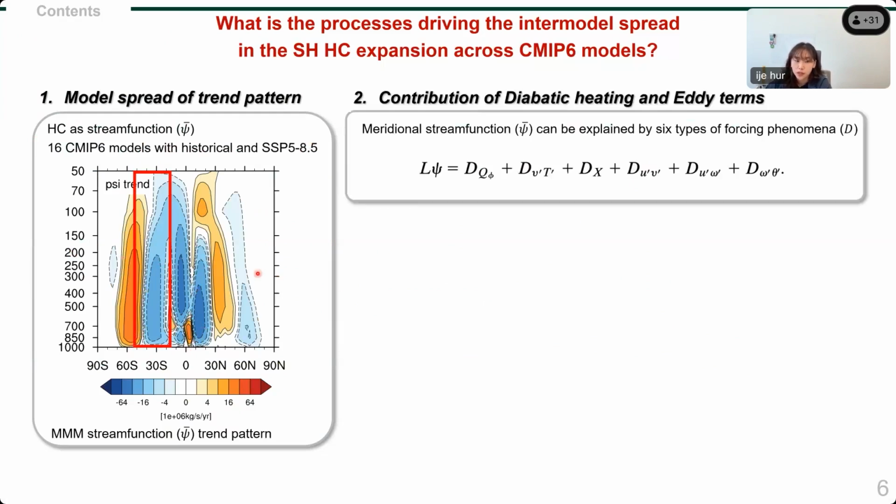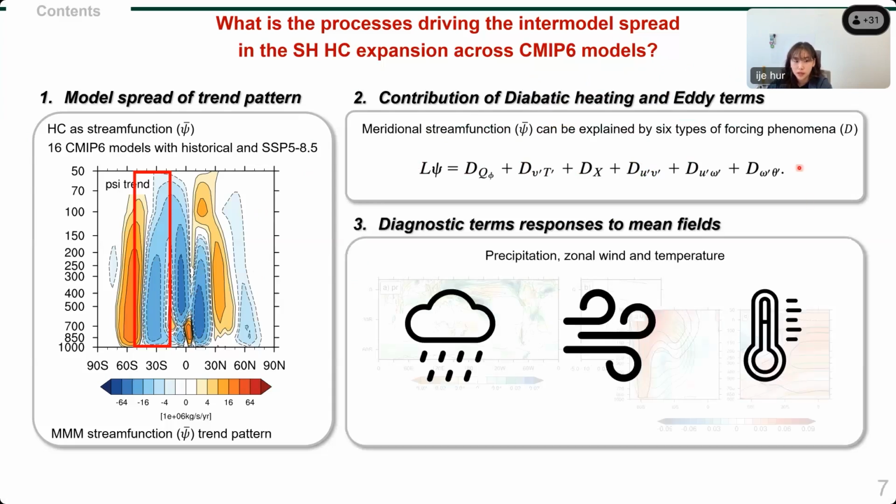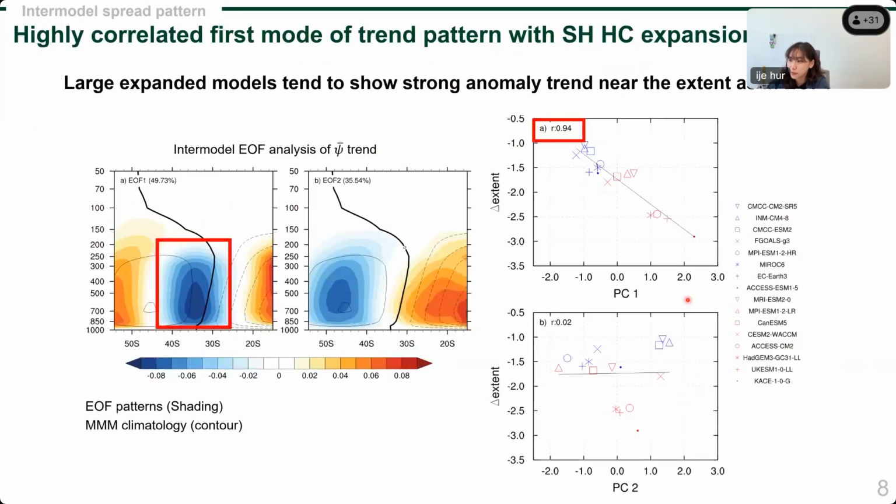Then, using the equation, the contribution of each forcing, such as diabatic heating and eddy heat fluxes, will be examined. Finally, through the trend of the background fields, like precipitation, zonal wind, and zonal temperature, we'll check where those forcings come from. In other words, the mean field features of the overexpanded models.